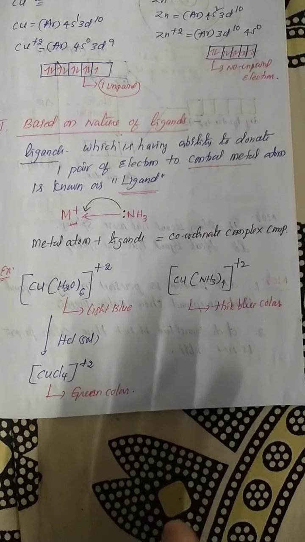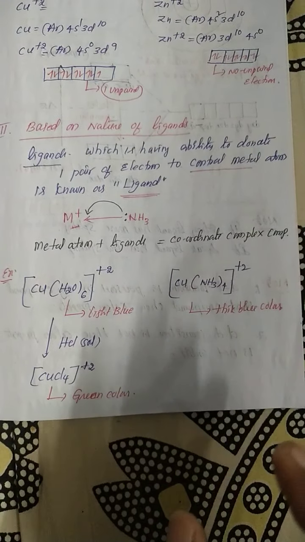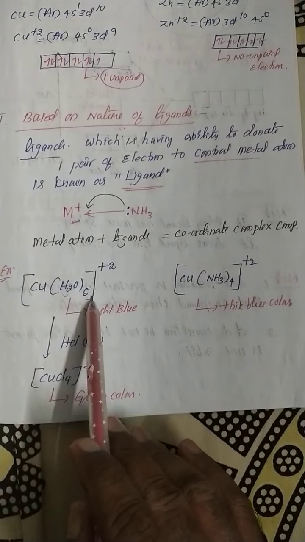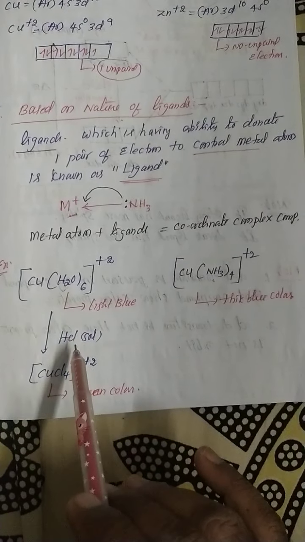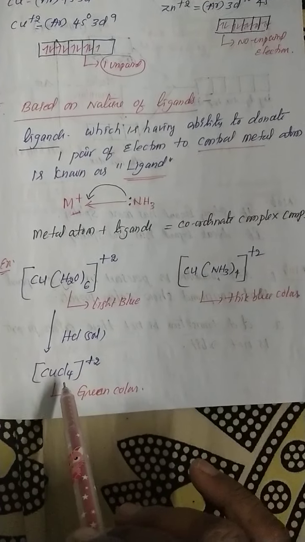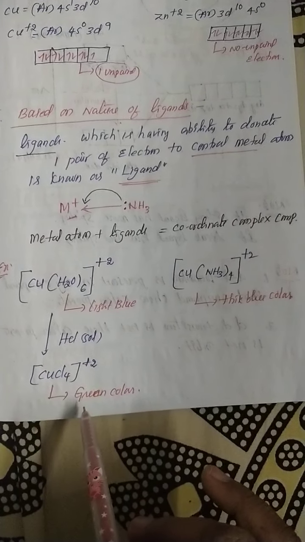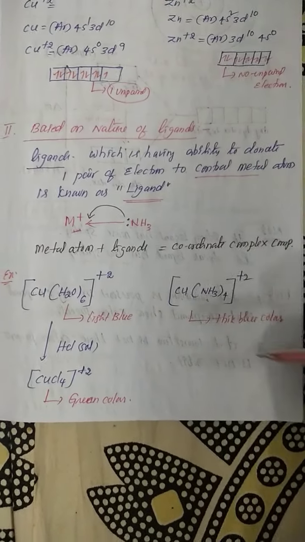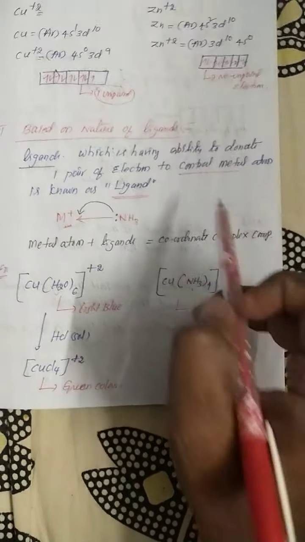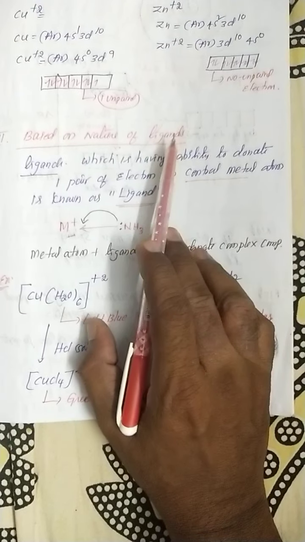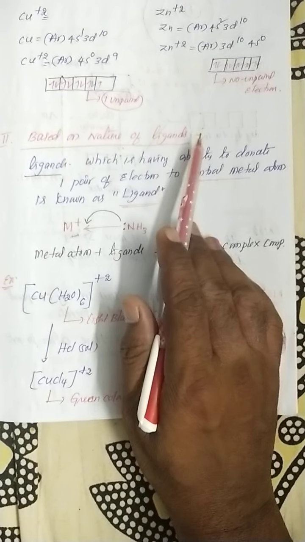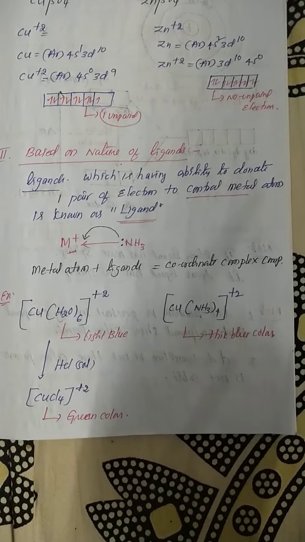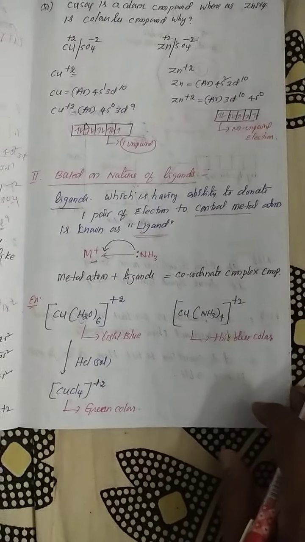Now here copper with H2O taken 6 times, plus 2, reacts again with HCl solution to give CuCl4, and now the color is green. So it's simple information: if a coordination compound shows color, it is based on the nature of the ligands. So two reasons are completed.